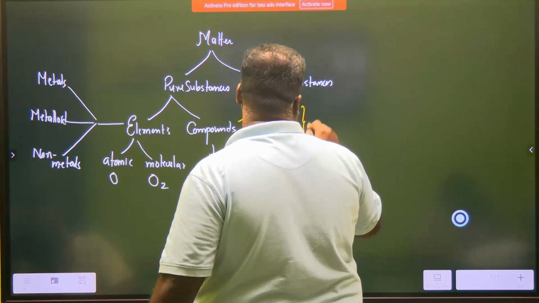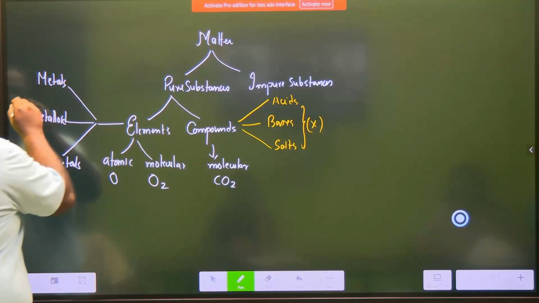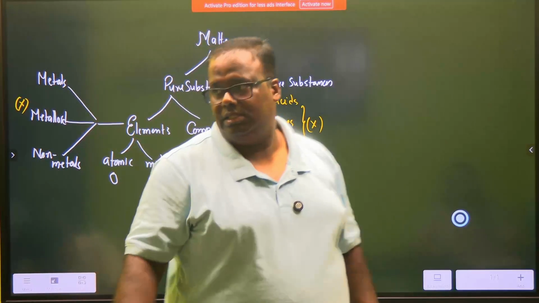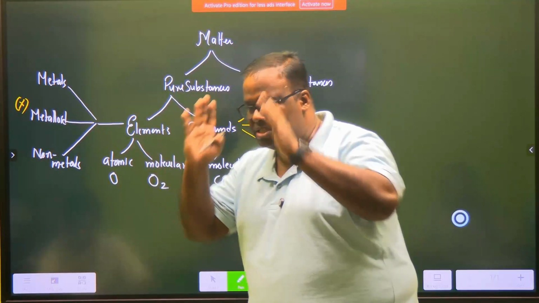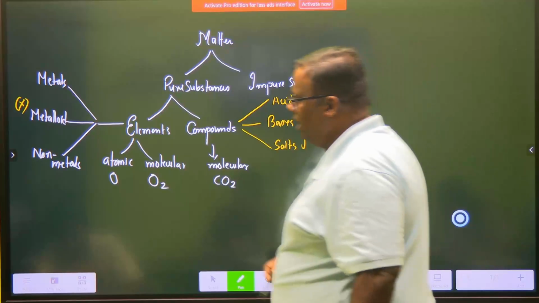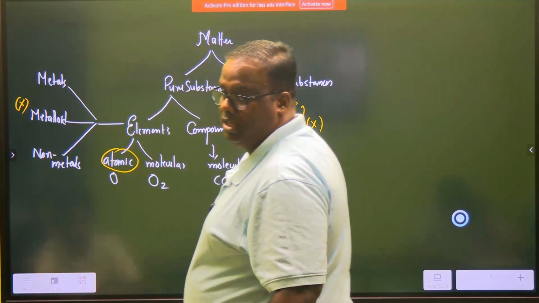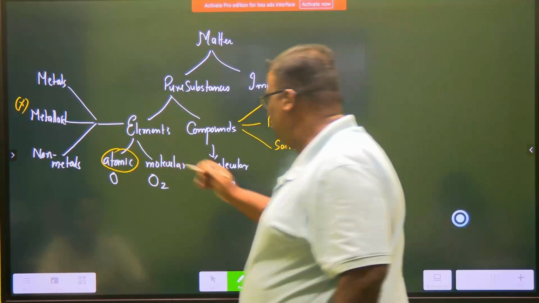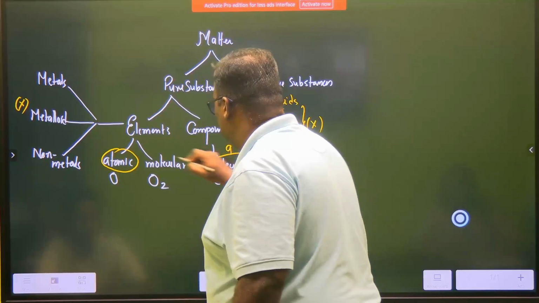Now, this is a chapter in grade 10. This is also a chapter in grade 10, right? Understood? In grade 9, we will be just having our basic clarity on this. However, at grade 9, we will be focusing on this one also in the next chapter, atoms and molecules, and then in the subsequent chapter. So, we will have a lot of focus in grade 9. These will be grade 9 topics.